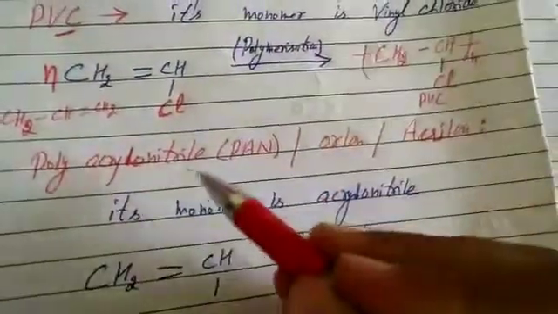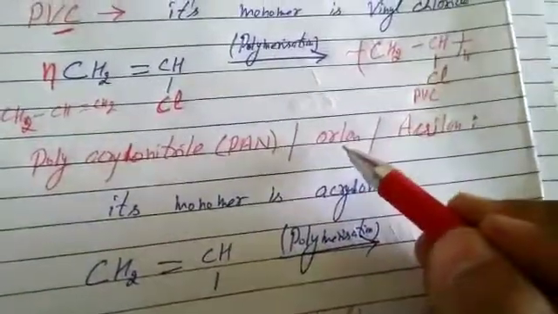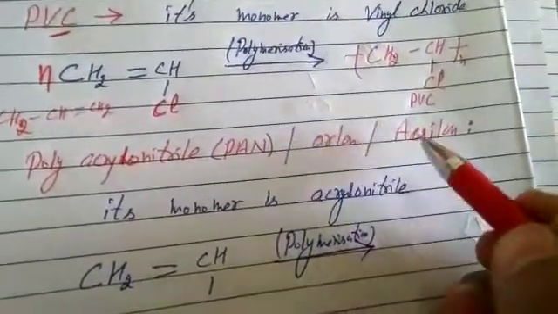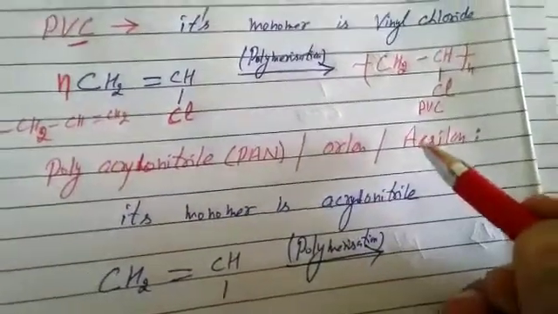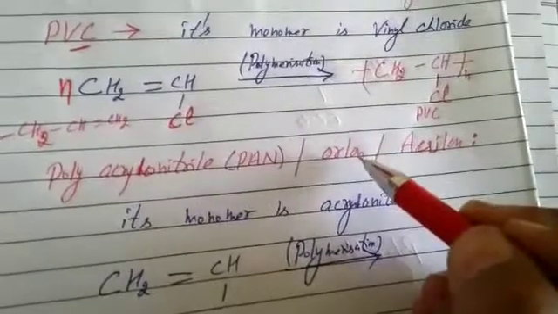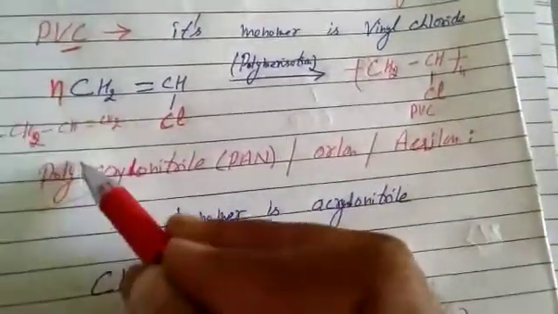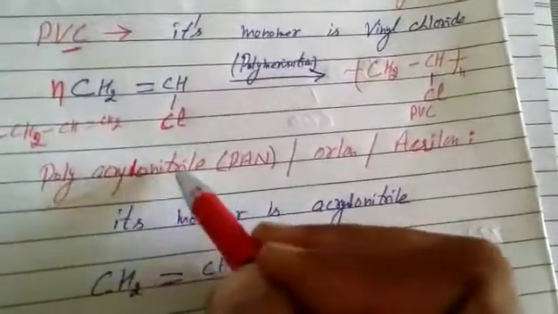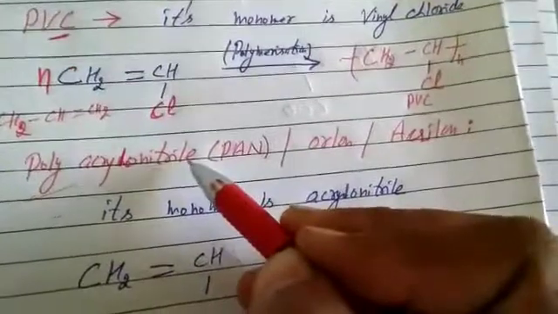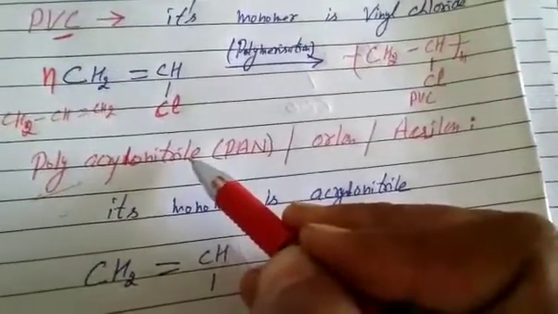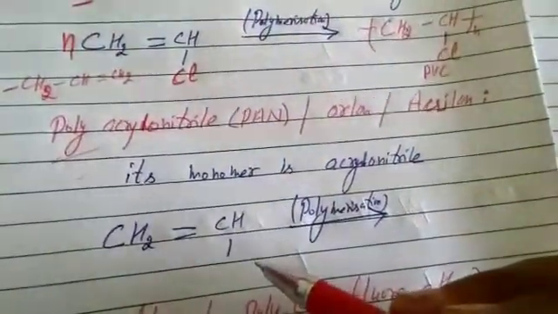Second is polyacrylonitrile, PAN, also called Orlon or acrylon, all are the same. Students, what is the monomer of Orlon? Its monomer is acrylonitrile. Poly represents polymer, so delete it to get the monomer. Acrylonitrile is the commercial name of vinyl cyanide.